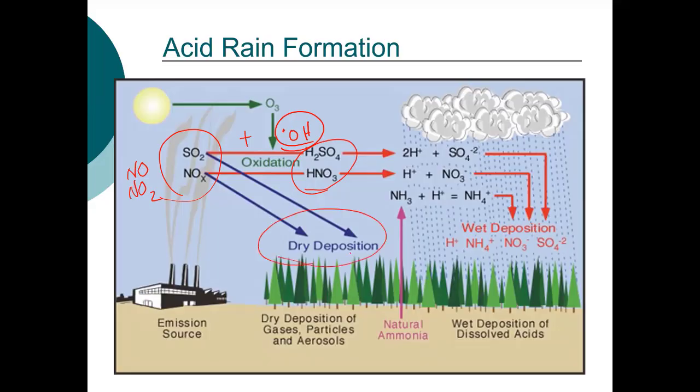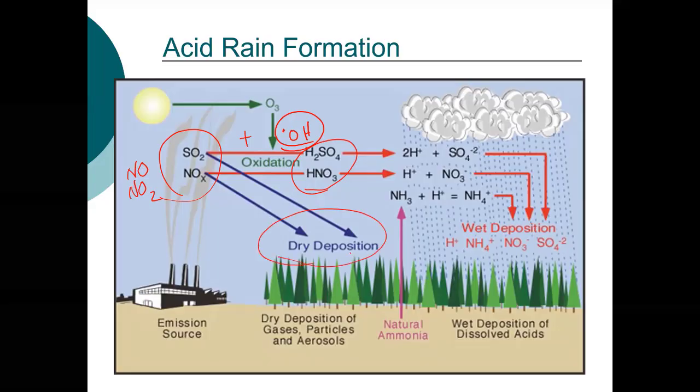So it can either deposit in the particle form and then react on the surface of the structure or the plant or in the water, or it deposits as what we refer to as wet deposition in rain or fog.